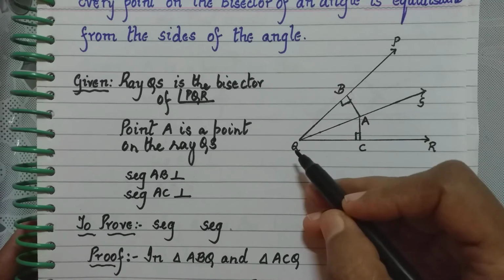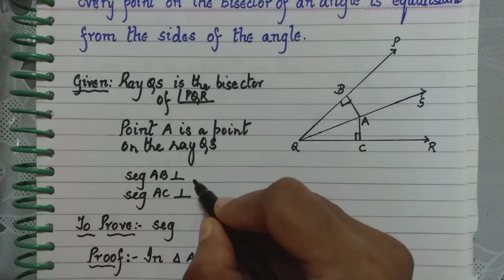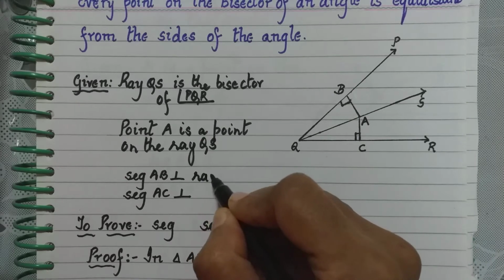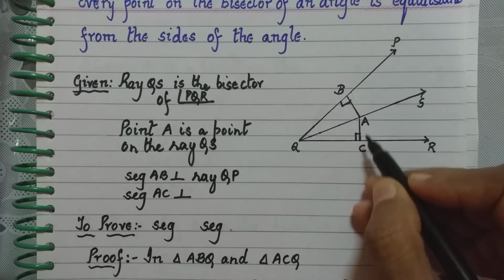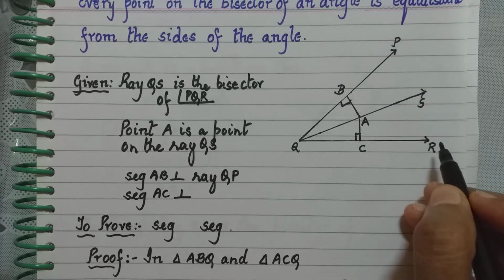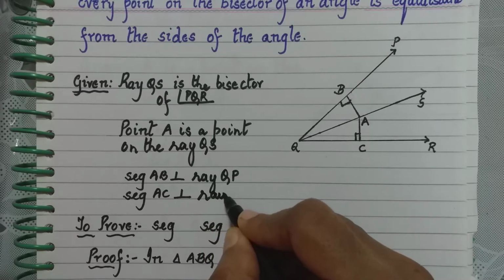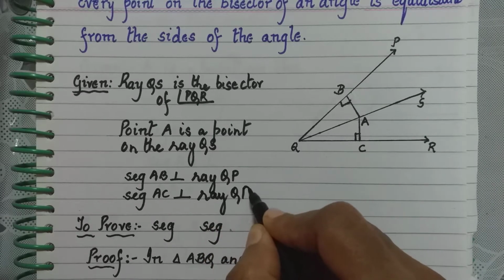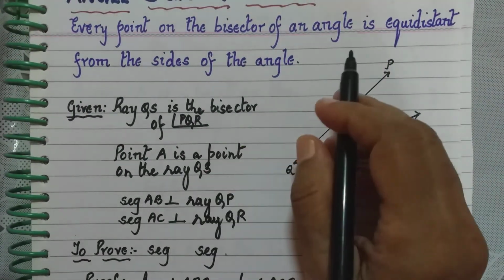Segment AB is perpendicular to ray QP. So we write here it is perpendicular to ray QP. Then what about segment AC? It is perpendicular to ray QR.